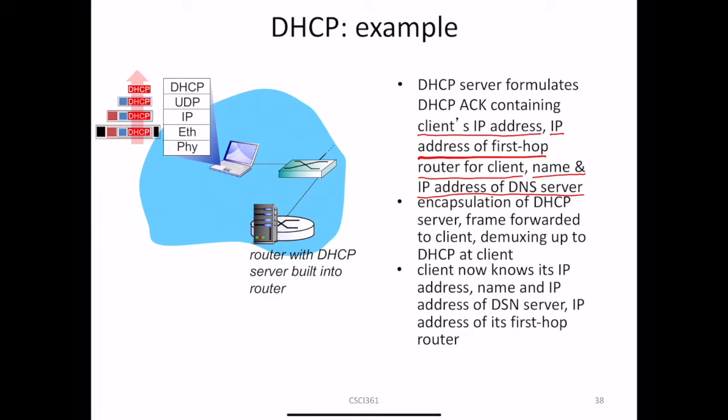When the DHCP client, the laptop, receives this DHCP ACK message, it gets an IP address for itself, the name and IP address of the DNS server, and also the IP address of the gateway router. With these three pieces of information, the laptop can use the services provided by the internet.